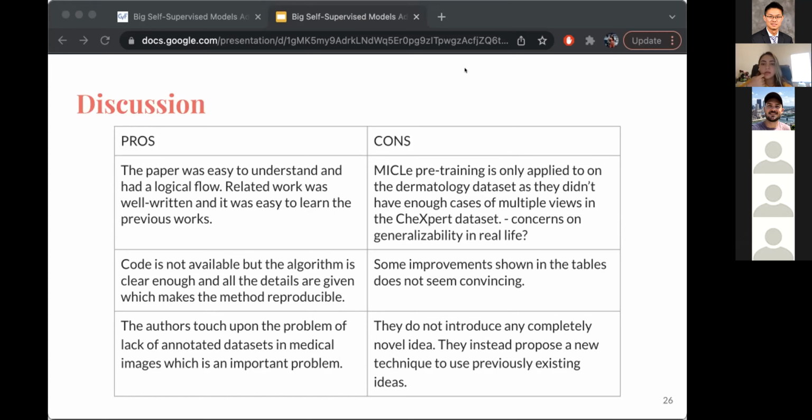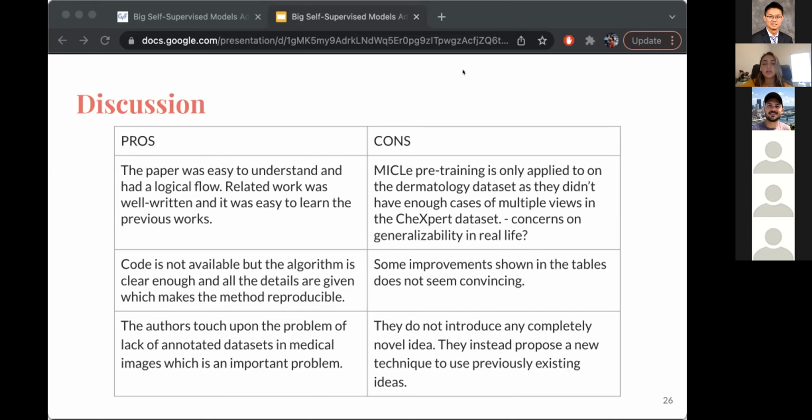And then the cons: they mention that the MICLe multi-instance contrastive learning pre-training is only applied on the dermatology data sets, since they didn't have enough cases with multiple views in the other data sets.